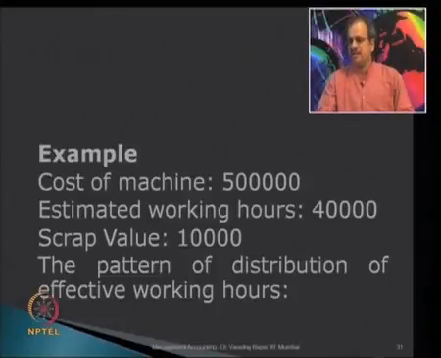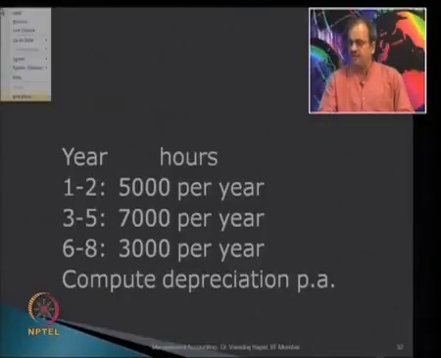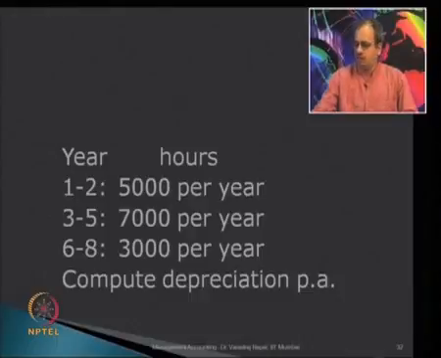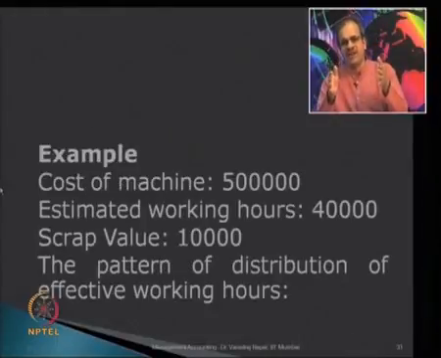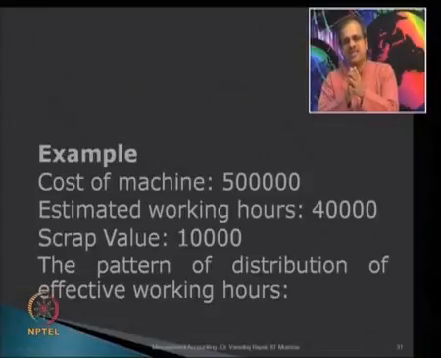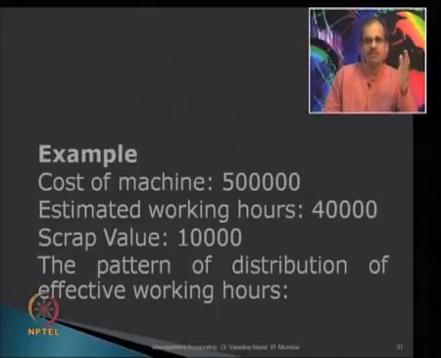Now, estimation has to be made as to the pattern of use. Suppose this is roughly the pattern. Now, here we have the information that the total cost of the asset is 5 lakhs. You also know the scrap value. Can you calculate the depreciation per hour? Think a bit.